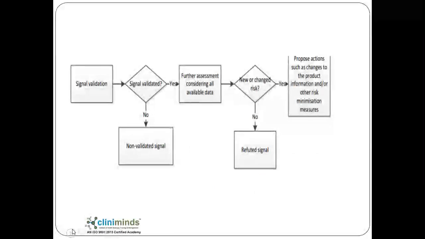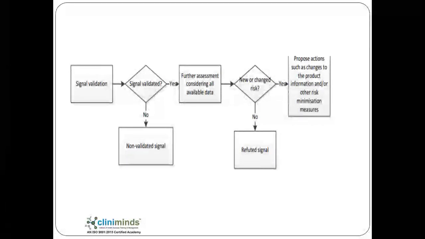So summing it up, our presentation on signals has these 5 steps. First is signal detection, then the signal is validated, then signal analysis and prioritization, then signal evaluation or assessment, then any recommendation for action, and then exchange of information.